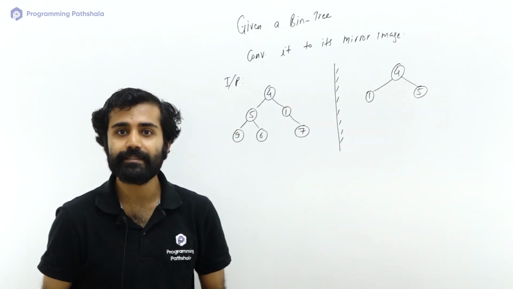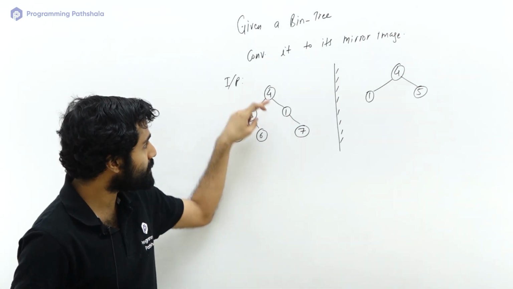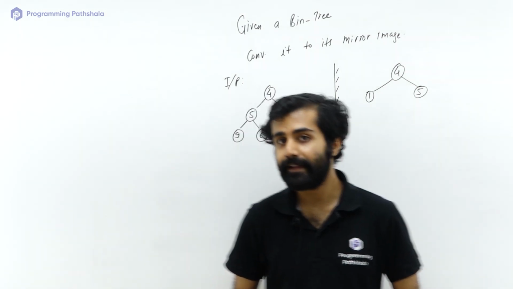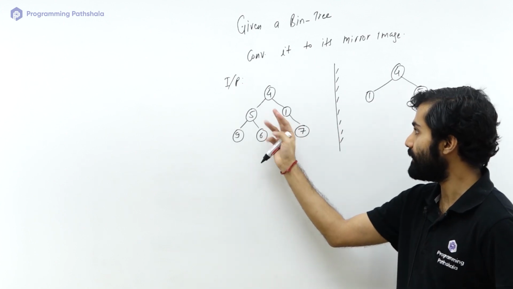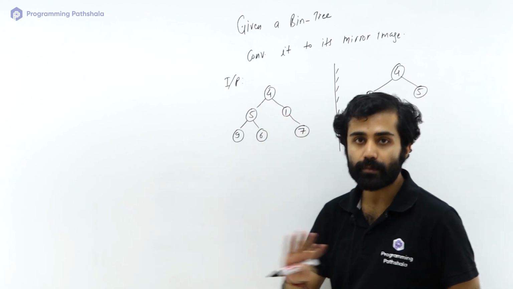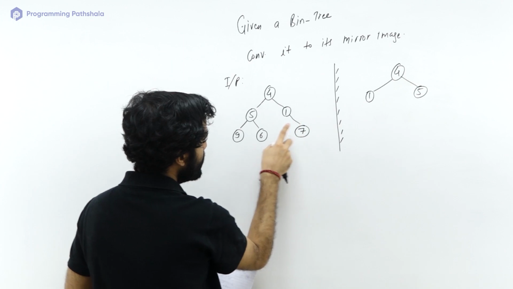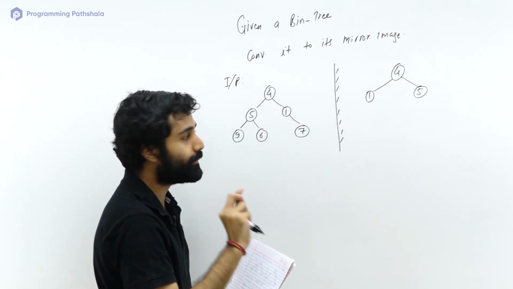But guys, do you believe this will happen only for 5 and 1 which are children of 4? Just pause and think. We will realize here that this interchanging of left and right children will not only happen for node 4, but it will happen across all the nodes. When you come to this one, the left child of 1 is null and the right child is 7, and they also will get swapped.